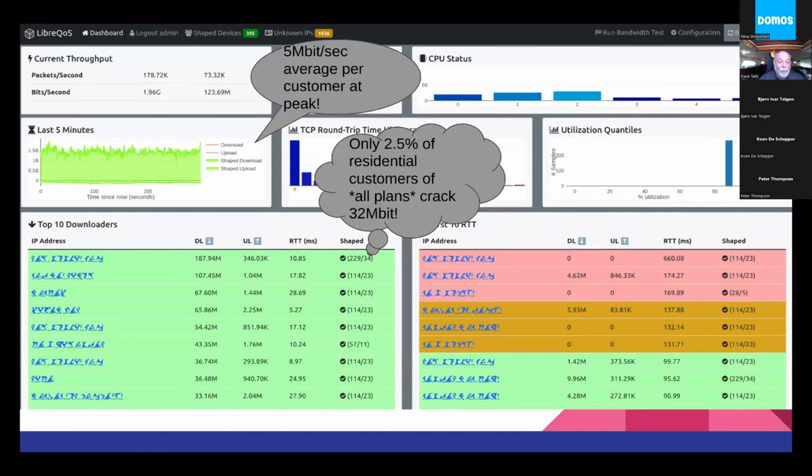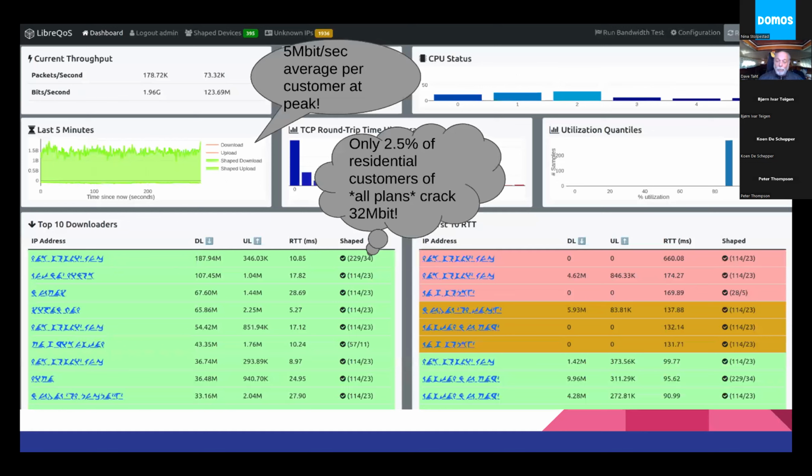I've been able to gather some data from the ISP perspective in the last 6 months, and the numbers turn out to be really interesting. At customer peak, Friday night, it's 5 megabits per second average per customer of the people that are online. And only 2.5% of all residential customers on all plans crack 32 megabits at any given time.